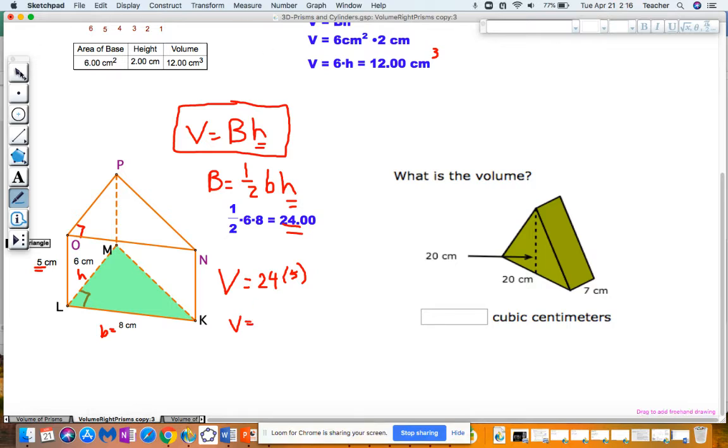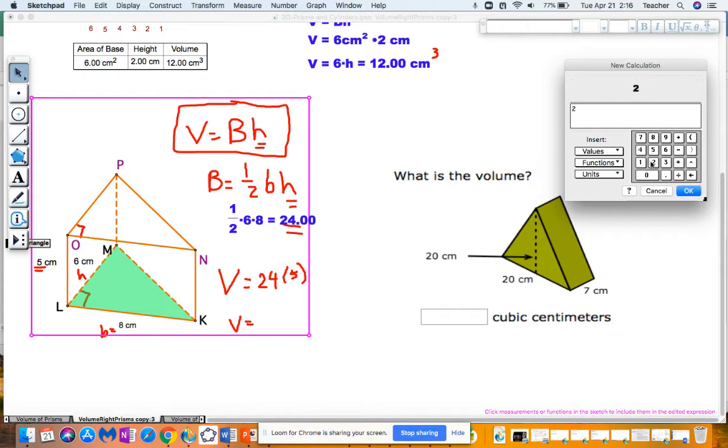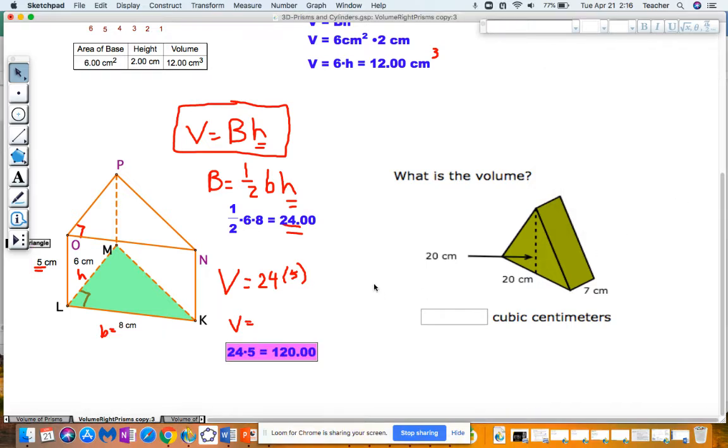All right, if we need a calculator for that. 120. Now, what does that 120 represent? The volume, because I took the base, area of the base, which is a triangle, multiplied by how tall it is. Now, volume, again, the unit is not here, but it has to be centimeters cubed. All right, make sure you do that with volume.